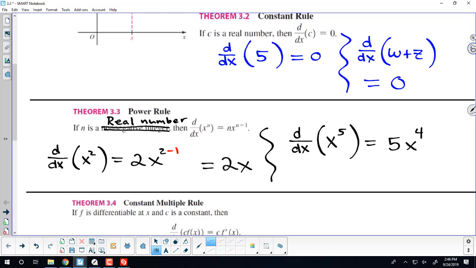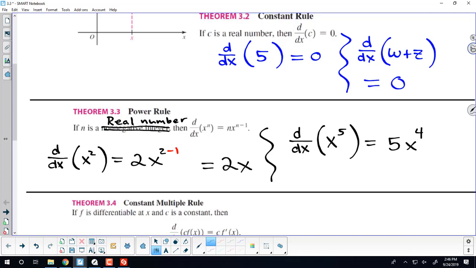So in 3.4 and 3.5, we look at how to take the derivative of a product and a quotient, and then how to take the derivative of a composition of two functions. So then you add all the functions, right? Power functions, trig functions, inverse trig functions, algebraic functions.